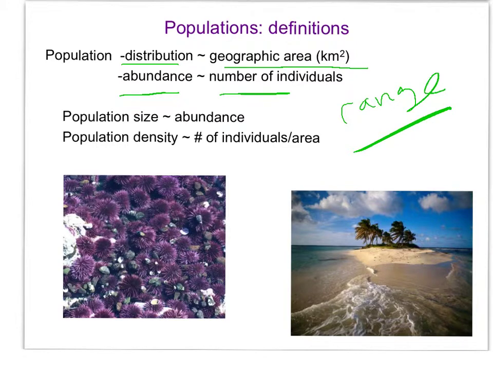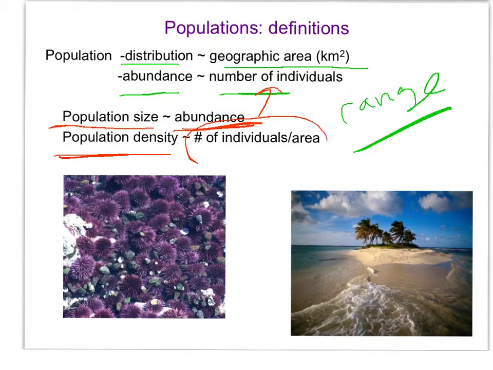And so some terminology for you is that we'll often see used, and sometimes people confuse them a little bit, which is one of the reasons why I want to just clarify it here, is that population size means the abundance, the total number of individuals, right? Whereas population density, which is another term that we'll see, is more of a relative measure of abundance.